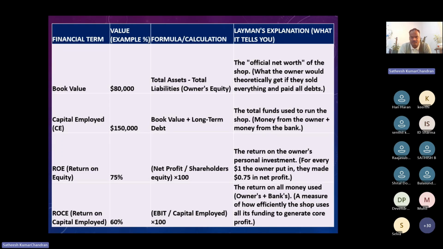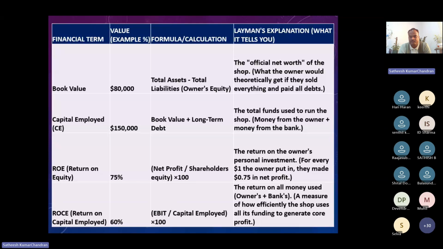For every $1 the owner put in, they made $0.75 in net profit. For example, net profit is 60,000 and total shareholders' equity is some X amount. So it should always be above 20%.